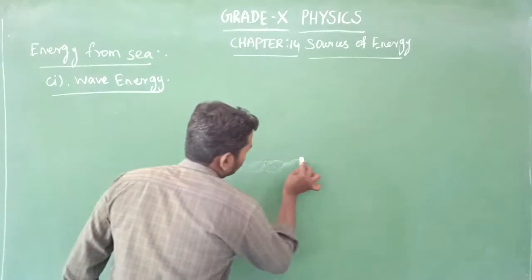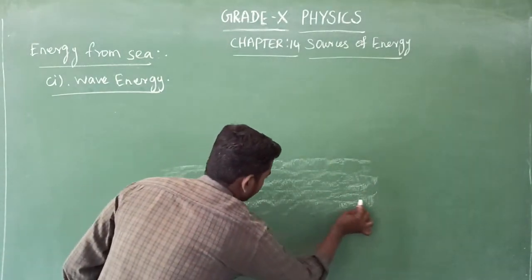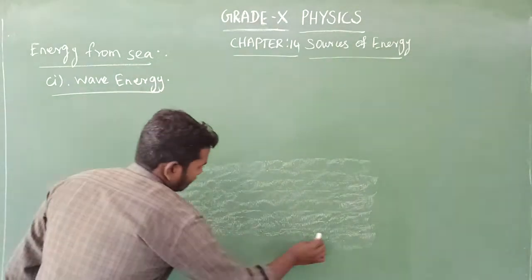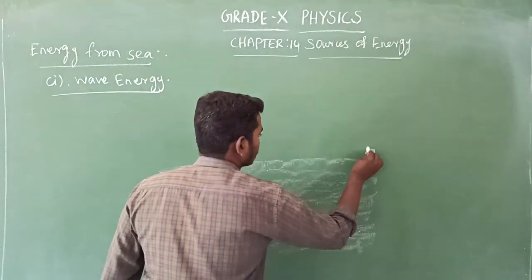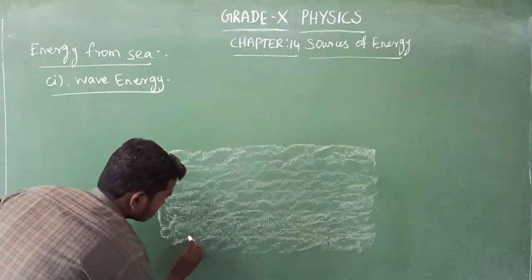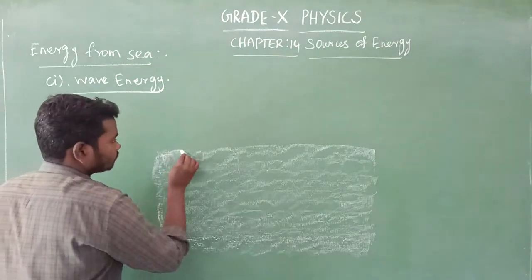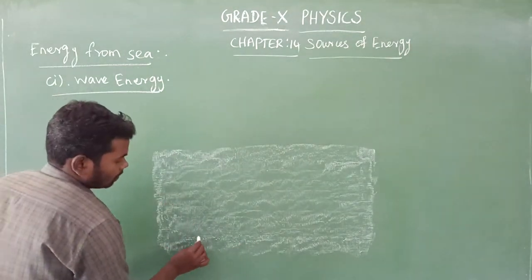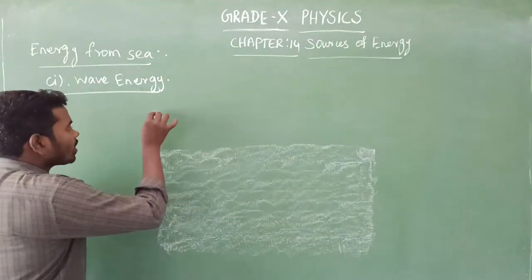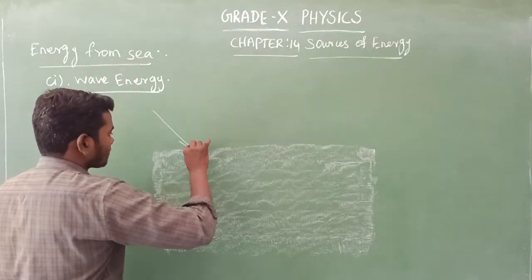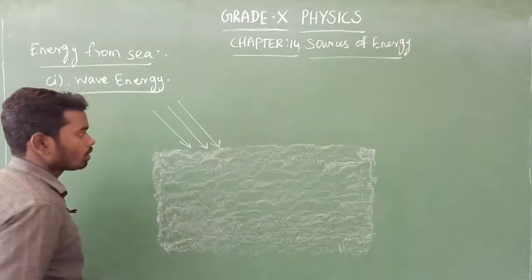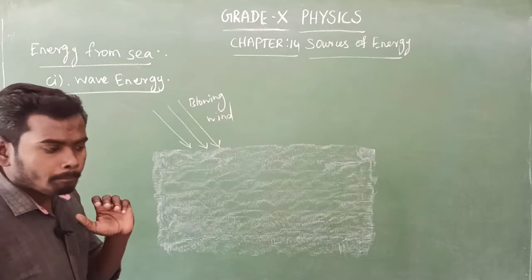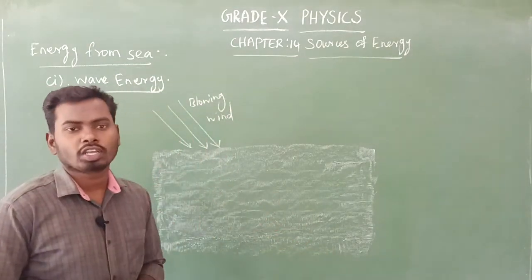Consider this is the sea or ocean. When the blowing wind hits the surface of the sea or ocean water, what will happen?